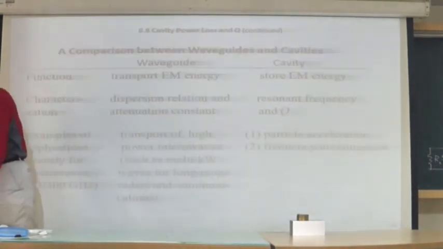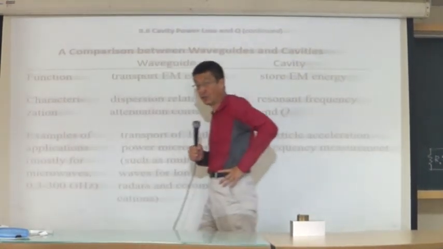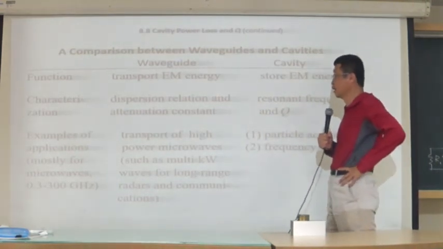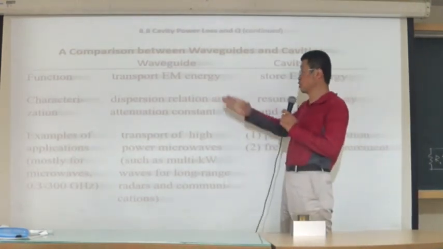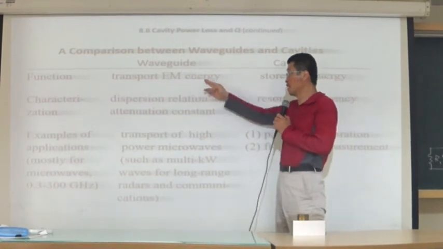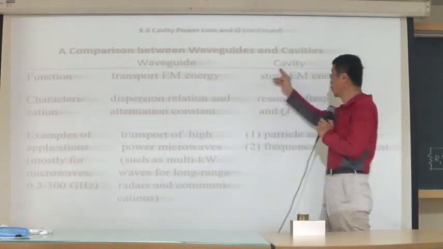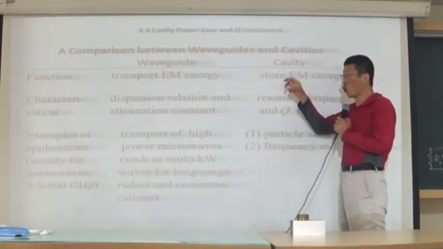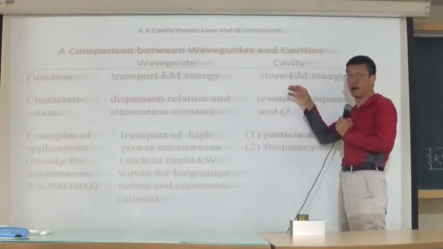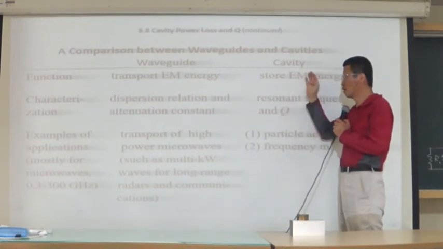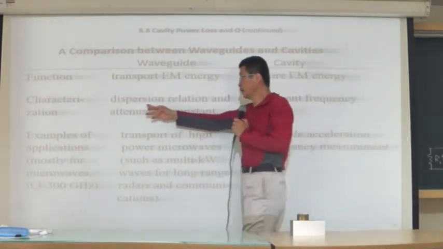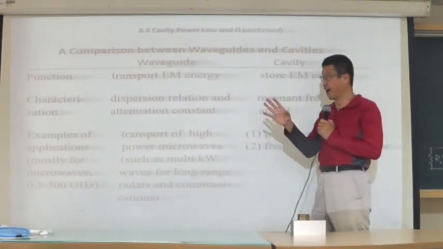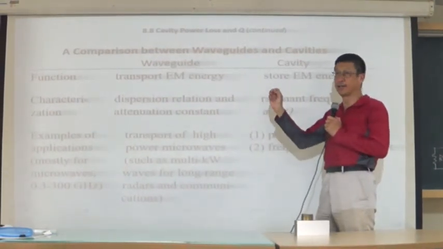Okay, let's compare the difference between waveguides and cavities. For a waveguide, the function is to transport EM energy. But a cavity is to store EM energy inside. For a waveguide, we have dispersion relations. We can find the relation between omega and Kz.